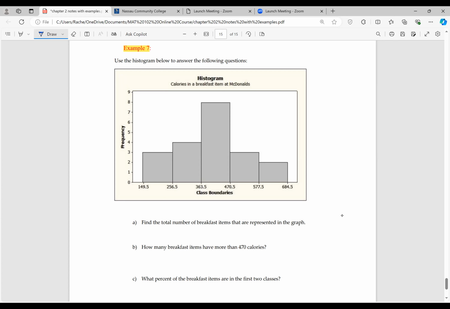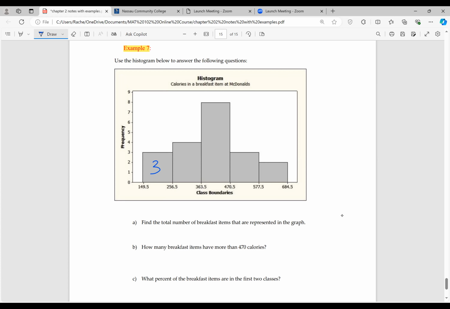It's how many items had between, for example, in the first set of class boundaries, 149.5 and 256.5 calories. So the height of that first bar is 3. And if it's helpful, you could write it in each rectangle. So that means that there was 3 breakfast items that had between 149.5 and 256.5 calories.